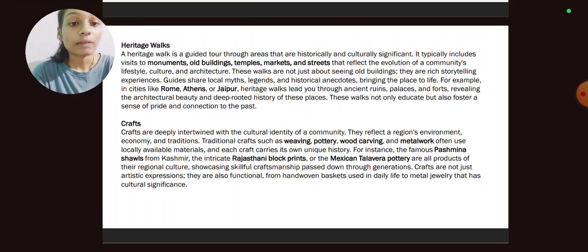Crafts. Crafts are deeply intertwined with the cultural identity of a community. They reflect a region's environment, economy, and traditions. Traditional crafts such as weaving, pottery, wood carving, and metalwork often use locally available materials, and each craft carries its own unique history.